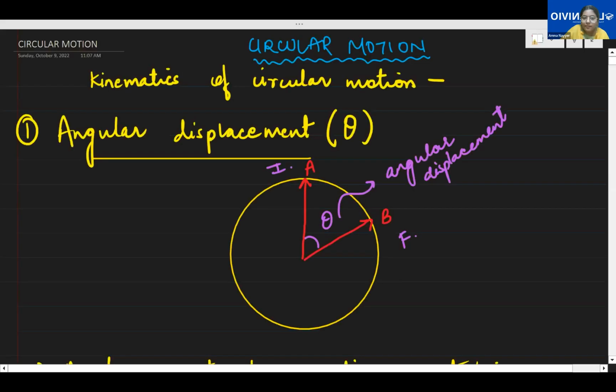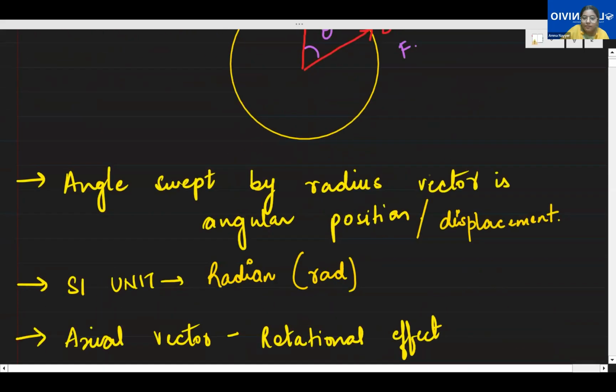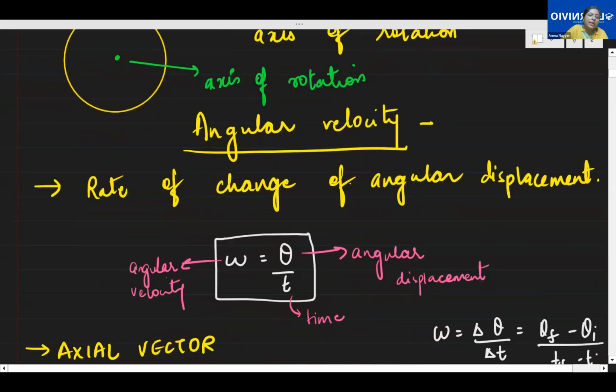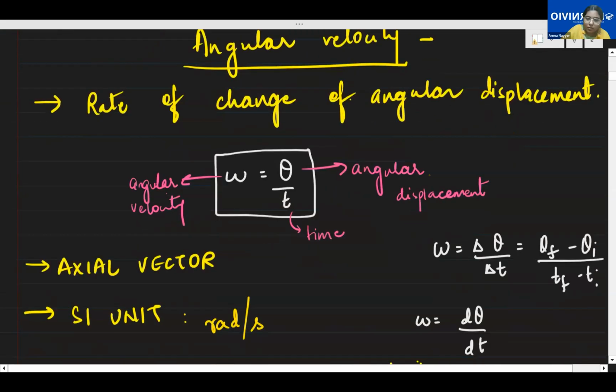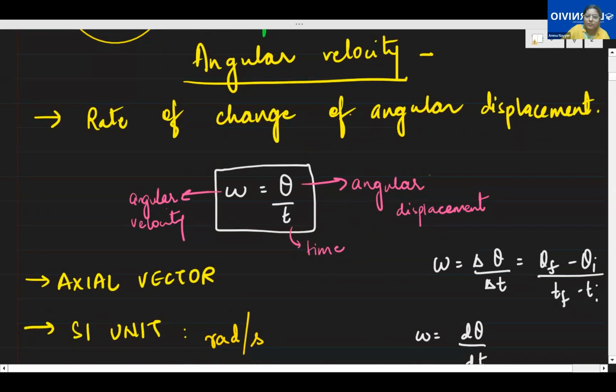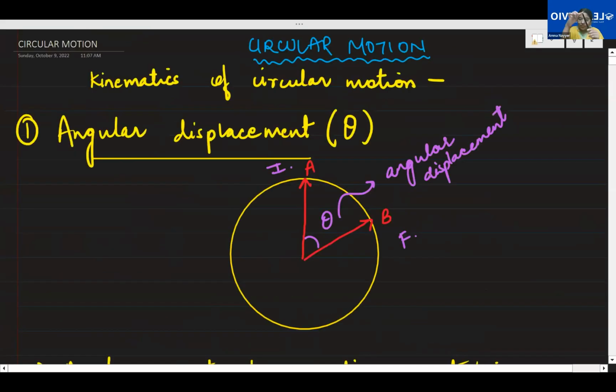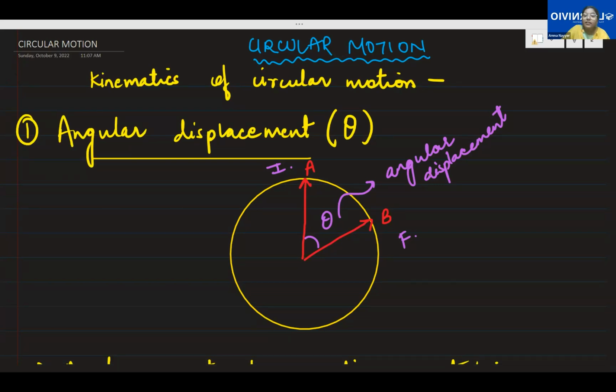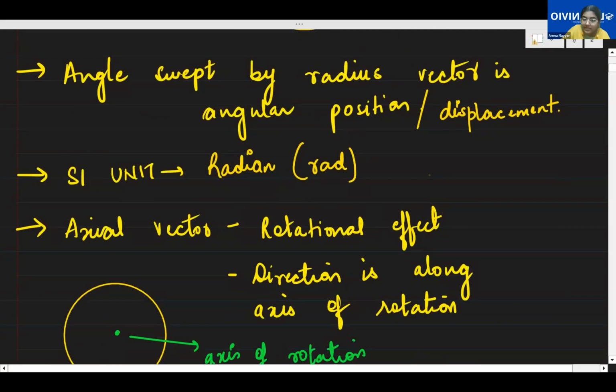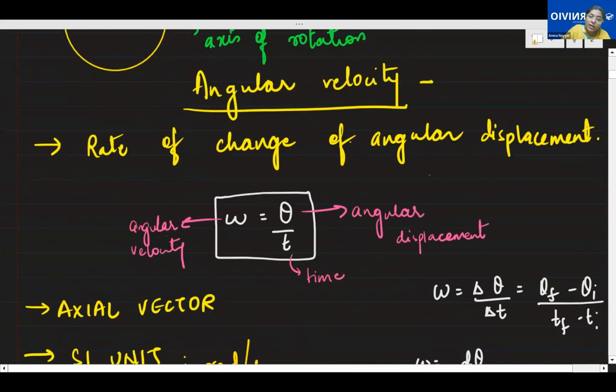Were you there in the last class, Humera? No, ma'am. Okay, see, angular velocity is just this much portion. Basically, angular displacement means the angle swept by the body. This is known as angular displacement. And when this is divided by time, when this changes with time, that is called angular velocity, which is theta by t.